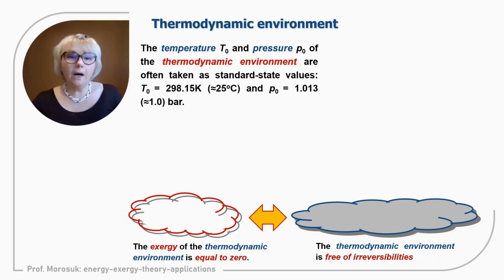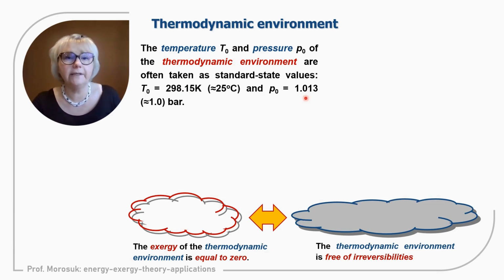A few words about the thermodynamic environment, because this is always difficult for students and young researchers. In some research publications, people simply use standard conditions for the thermodynamic environment. At present, it is a temperature of approximately 25 degrees Celsius and a pressure of approximately 1 bar, or in Kelvin scale, and in bars can be a little more precise.